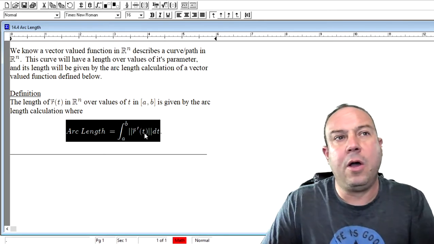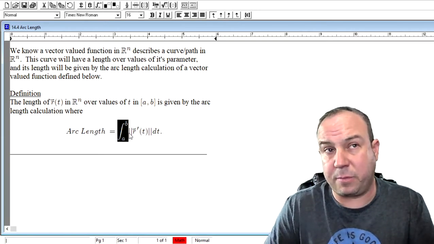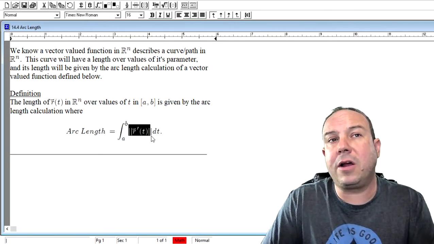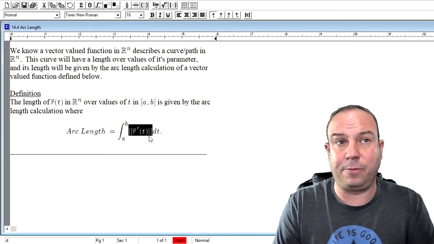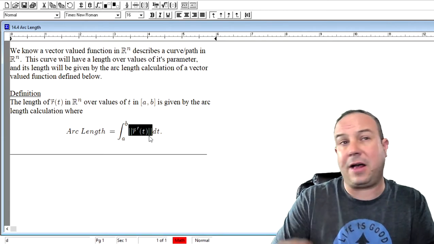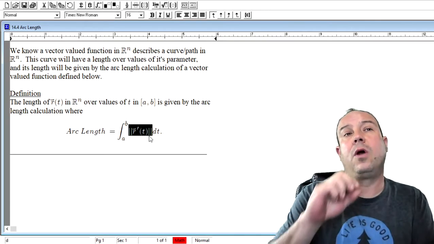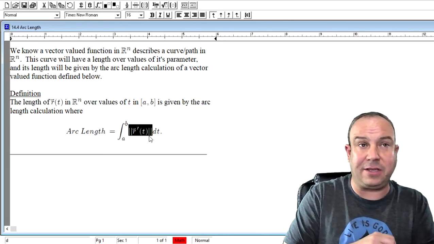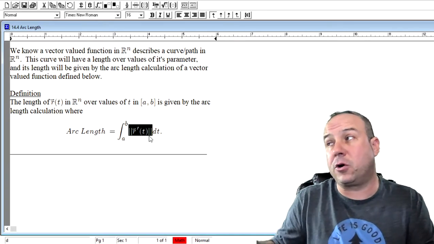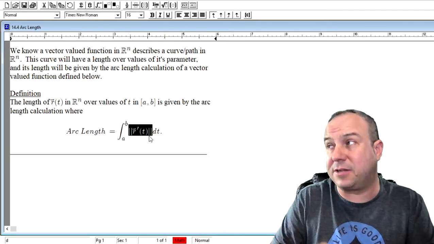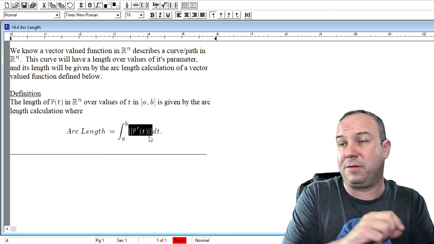What we note we're calculating is a definite integral over that interval from a to b, where our integrand is a scalar value. It is a scalar value given here by this magnitude calculation, where we're taking the magnitude of the first derivative, or the vector for the first derivative, of our vector valued function r bar.